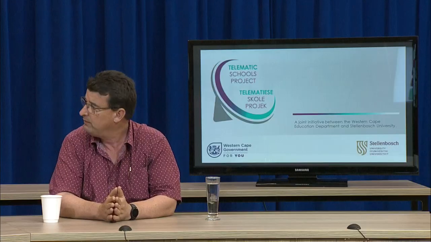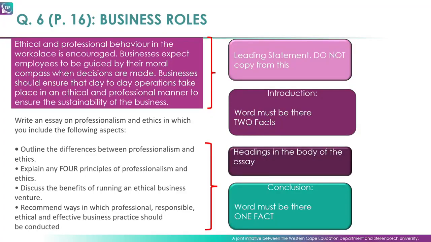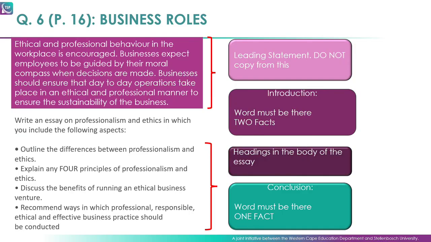Ms. Fantel, I just want to add something. If you look at the 4 possible questions, you might recall when we were going through the different levels of questions, we have the lower, middle, and higher order questions. You can see the similarity in those 4 questions. The first one being outline, the second one explain, discuss, recommend.